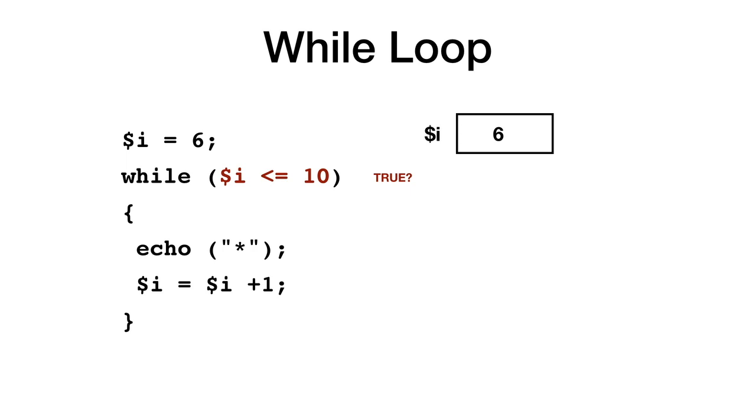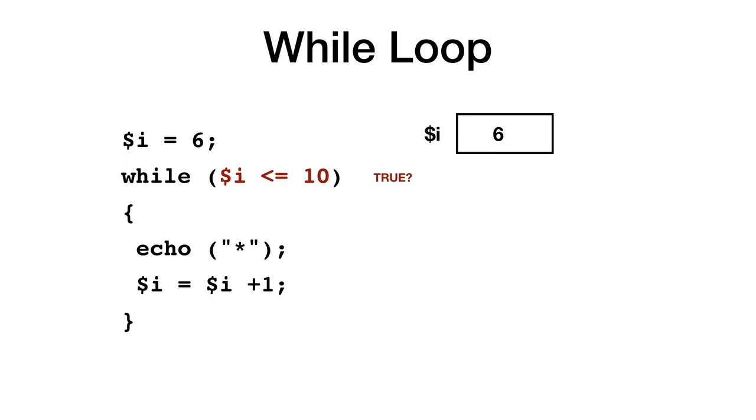The test here is: is variable I less than or equal to 10? Is that true or not? If that's true, then we will go inside the loop. If it's not true, we'll just jump past it.